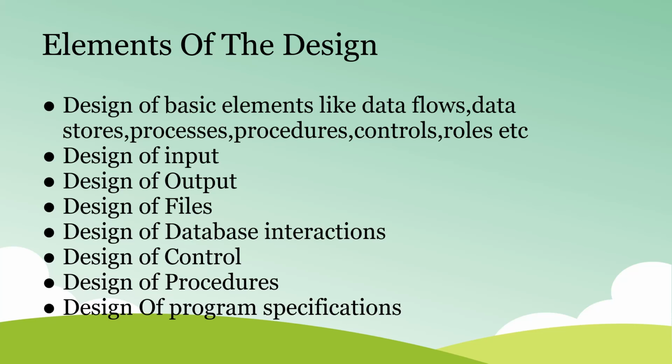Elements of the design include design of basic elements like data flows, data stores, processes, procedures, controls, roles, etc. Design of input, design of output, design of files, design of database interactions, design of controls, design of procedures, design of program specifications, etc. System design is actually a wide topic for discussion, but what I discussed here were just the basic concepts of it.